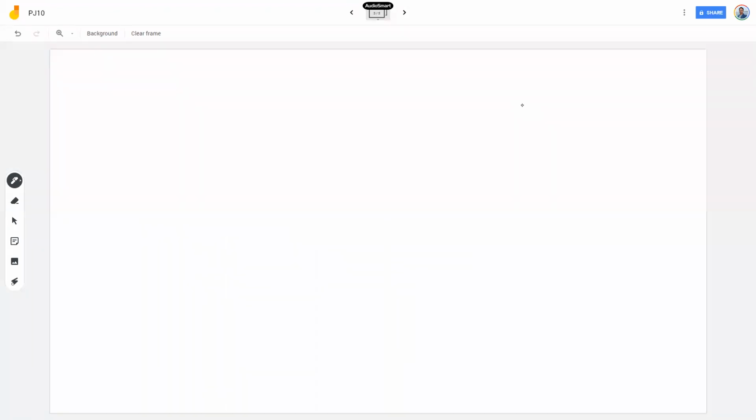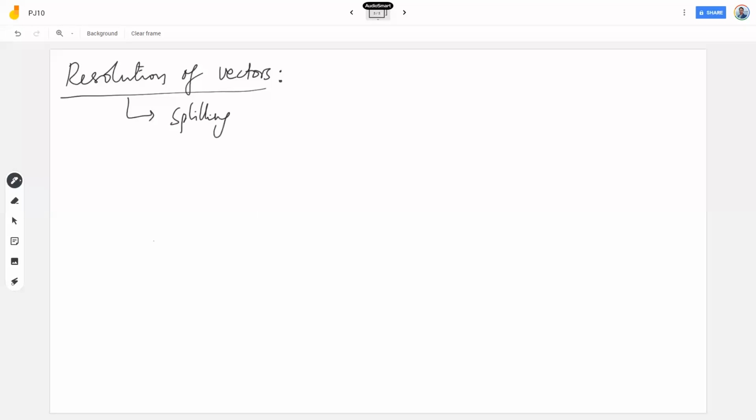So we'll start with resolution of vectors. What is resolution? Yesterday we already started about it, I think. Resolution necessarily means splitting a vector as a sum of several vectors.